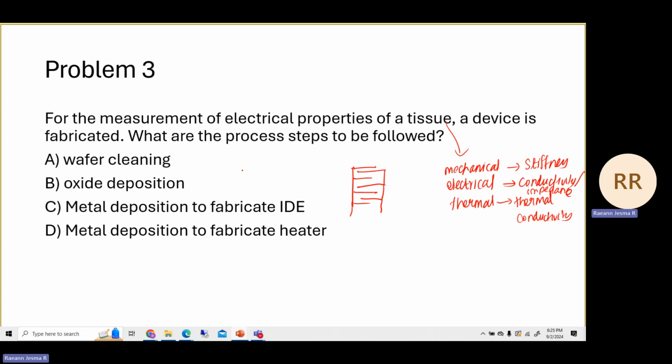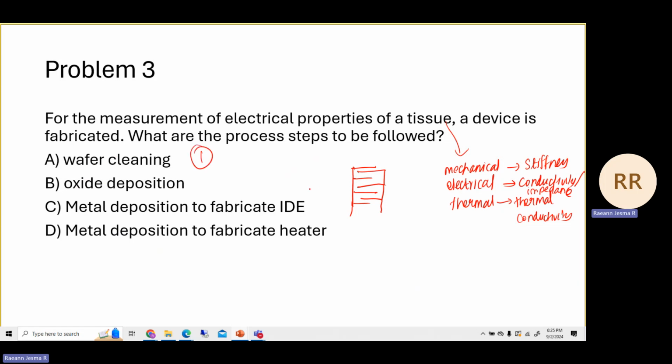In the last week's discussion session, we saw that there are different types of contaminants, like organic, inorganic, and metallic or ionic contaminants. To remove each of them, we have different cleaning processes as well. Most of them are acid based, and some are solvent based. So the first process will be wafer cleaning.